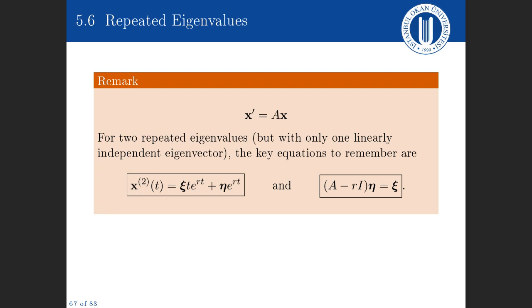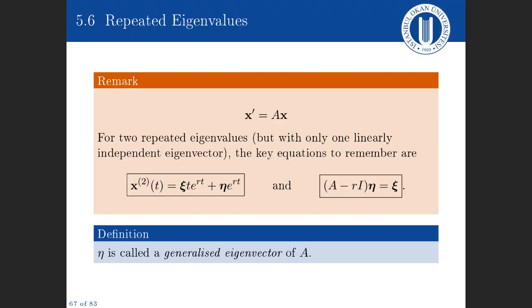The second solution is eigenvector xi t e to the power rt, plus a new vector eta e to the power rt, where eta comes from the equation A minus rI eta is equal to xi. There's a name for the vector eta. Eta is called a generalized eigenvector of A.